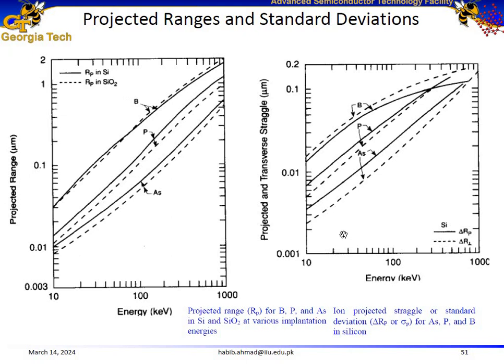We have another figure over here, where we have the projected straggle represented by the solid lines, and the lateral straggle represented by the dashed lines as a function of energy in kiloelectron volts.